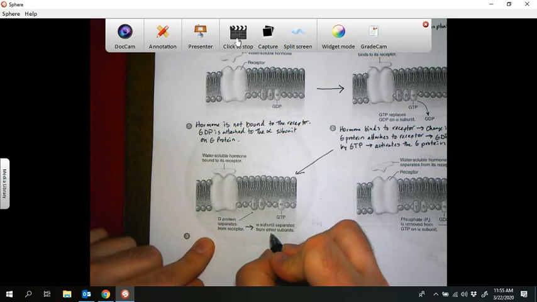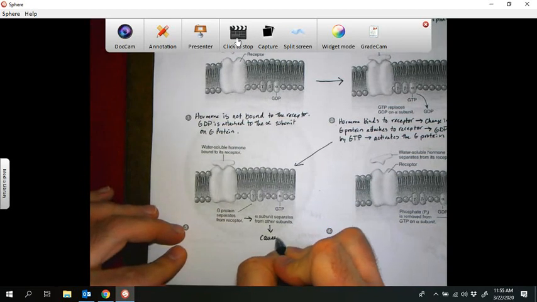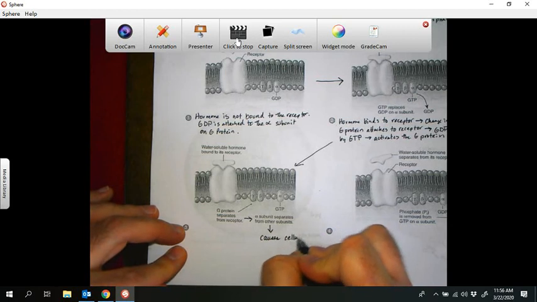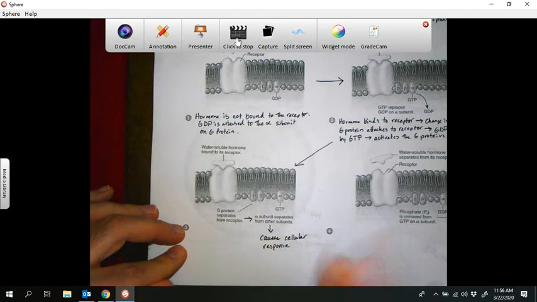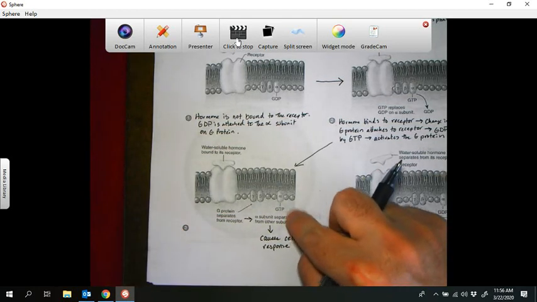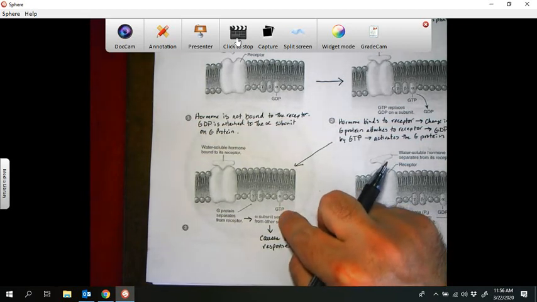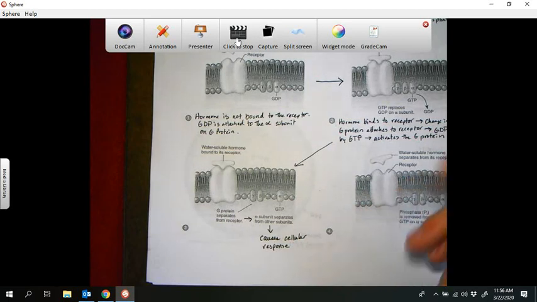And what happens here is this causes the cellular response. So as this GTP-bound alpha subunit separates from the other subunits, we get a cellular response.